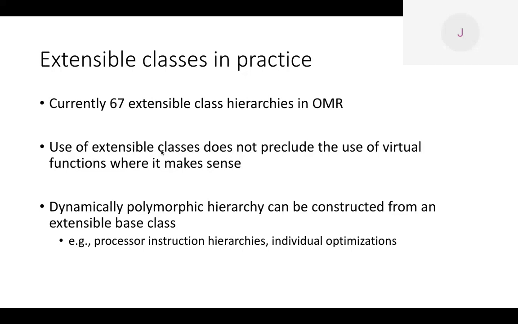If you look at the instruction hierarchies themselves, they are all dynamically polymorphic hierarchies, but they are built from a base class that has been defined statically. So processor instruction hierarchies and the optimizer itself still use dynamic polymorphism.